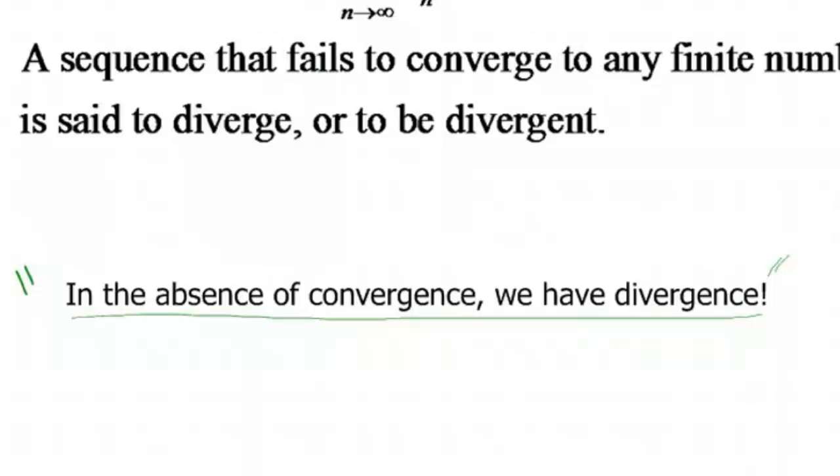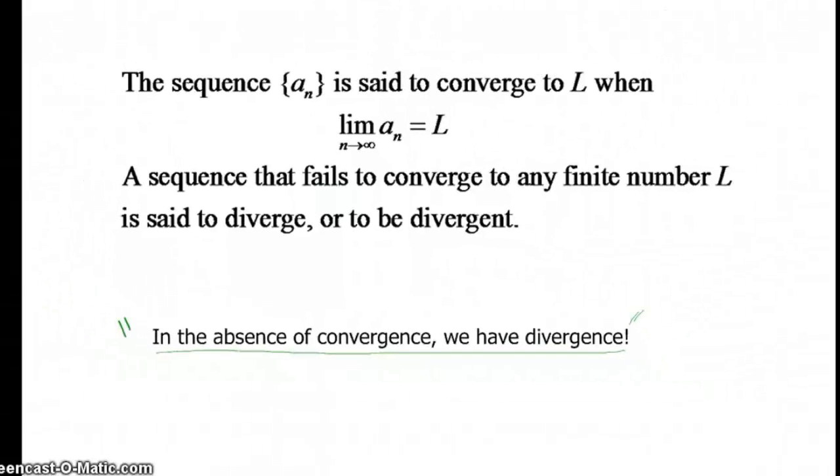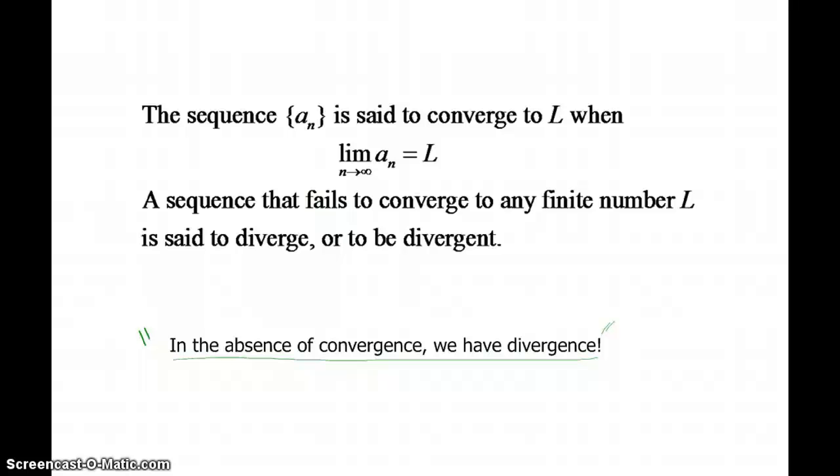If we cannot determine that our sequence or our series converge, then it must diverge, because there's only 2 choices. And if we can't confirm convergence, then in the absence of convergence, we have divergence. All right, so that's an important idea.